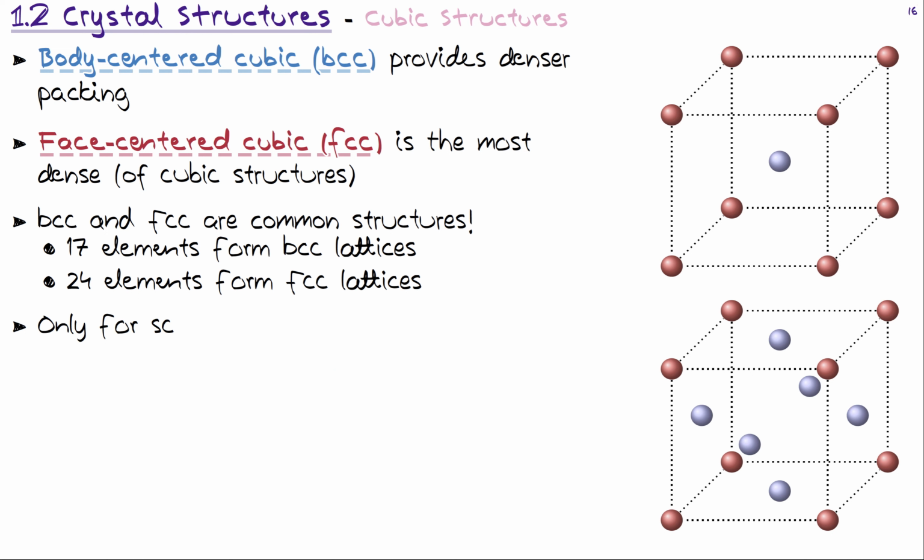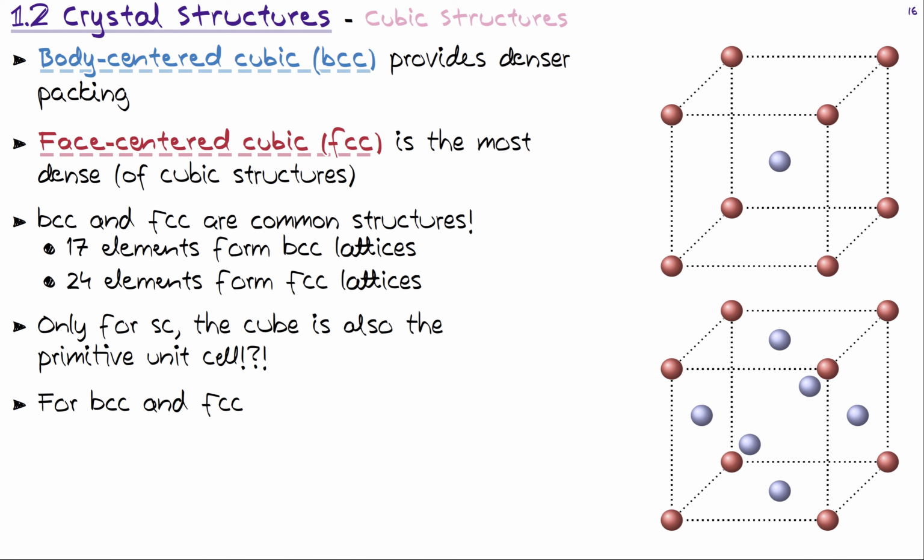Only the SC structure, the cube, is also the primitive unit cell, and this might surprise you, but I recommend you consider the defining characteristic of a primitive cell: that we only have a single lattice point inside the unit cell. Here for BCC and FCC, we see that we start having more than a single lattice point.